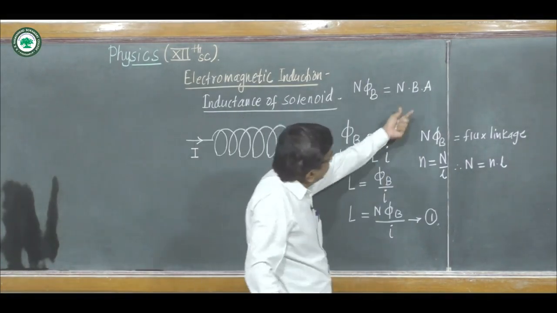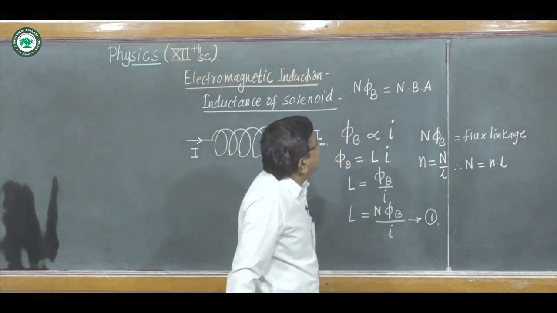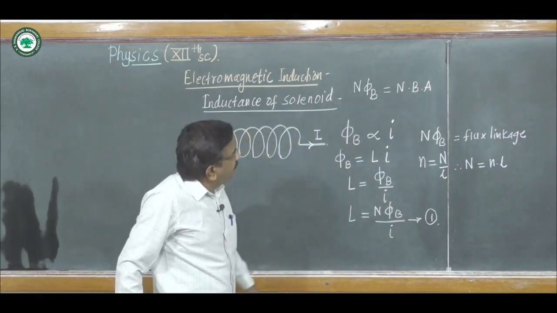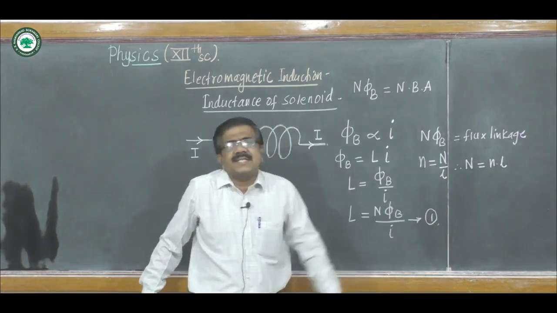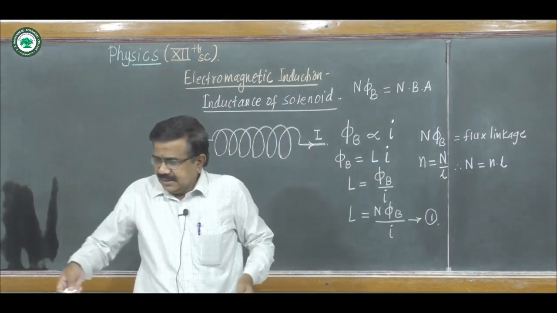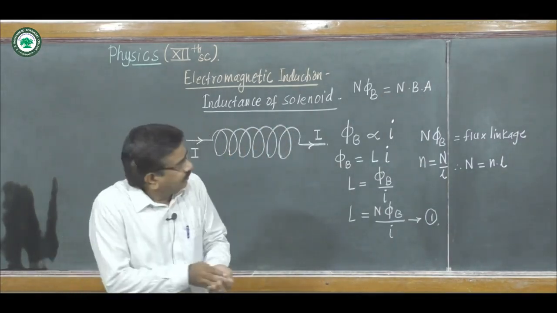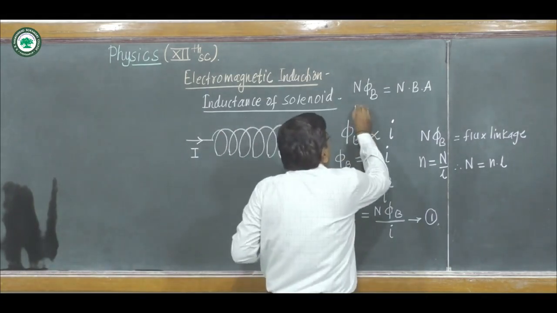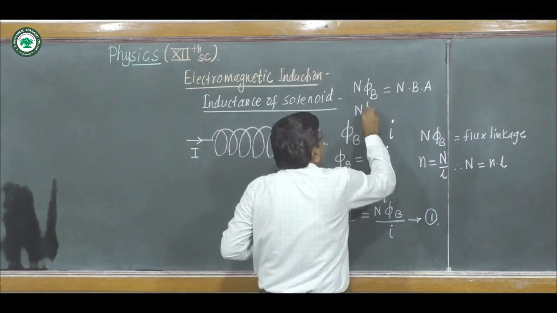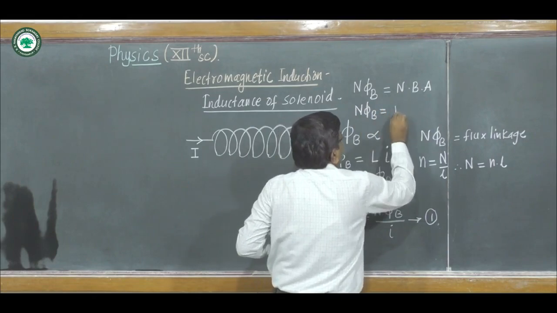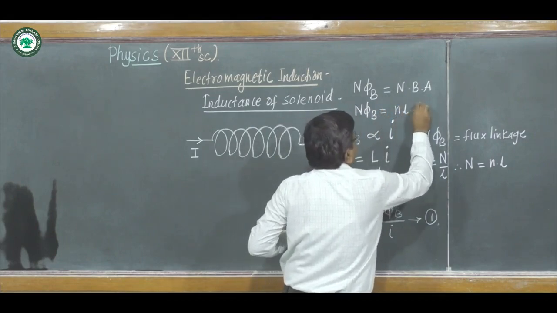Angle between B and A is theta, so we write simply as BA. But this capital N is small n into l, so this flux linkage will be nl into BA.